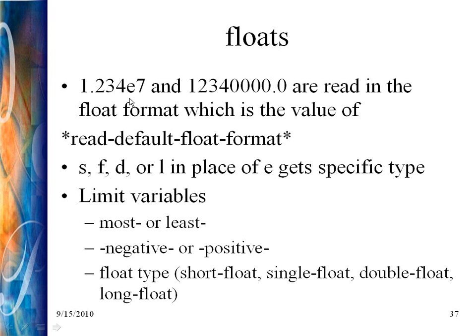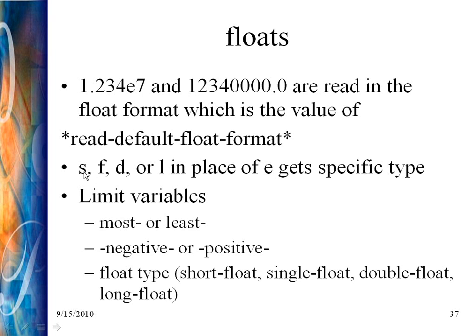If you use S meaning short, F meaning single, D meaning double, or L meaning long, and yes, F does mean single. S and F, short and single, begin with the same letters, so we have to use different letters to represent them as the exponent marker.